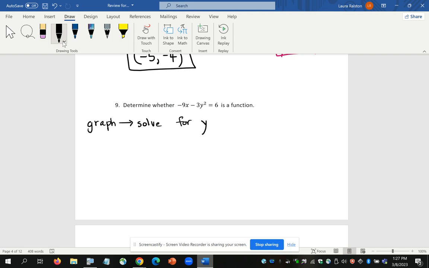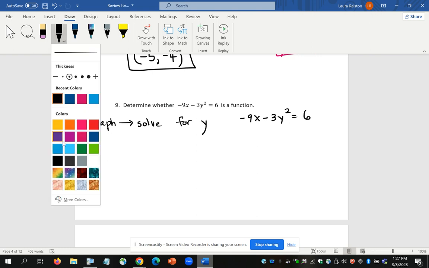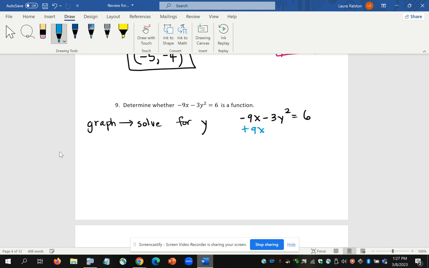So if I take this equation, negative 9x minus 3y squared equals 6, and I try to solve it for y, I'm going to add 9x to either side. So that I have negative 3y squared equals 6 plus 9x.